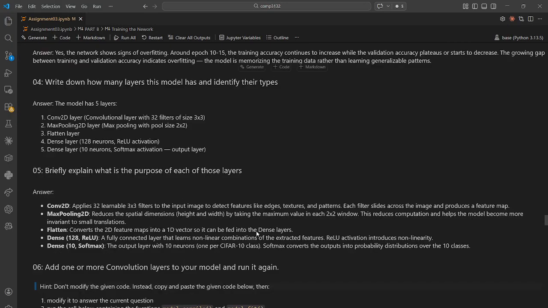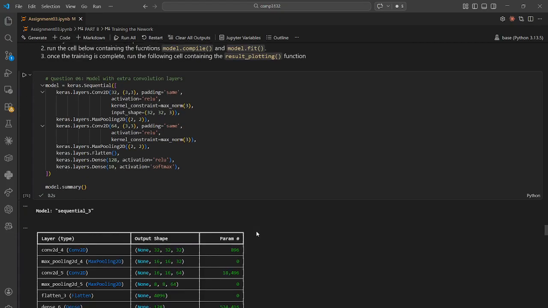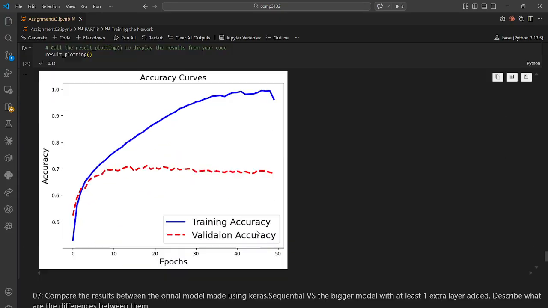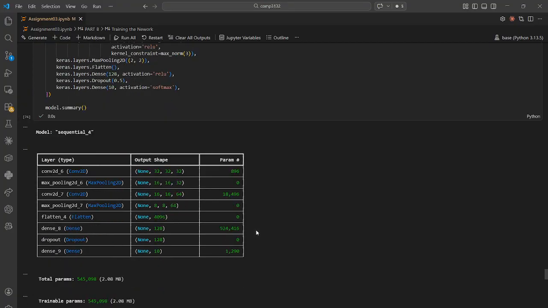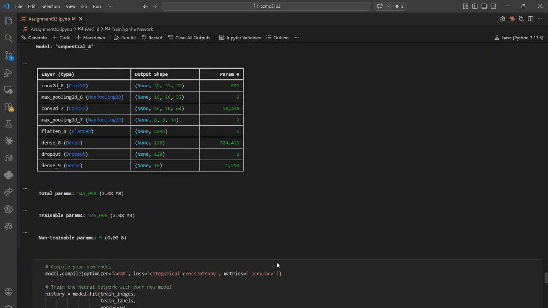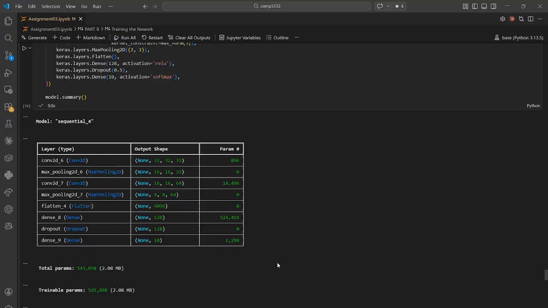So the third model, for question 8, I added a dropout layer with a rate of 0.5.